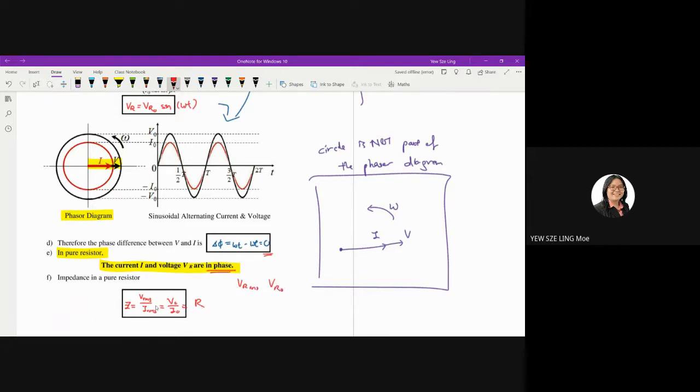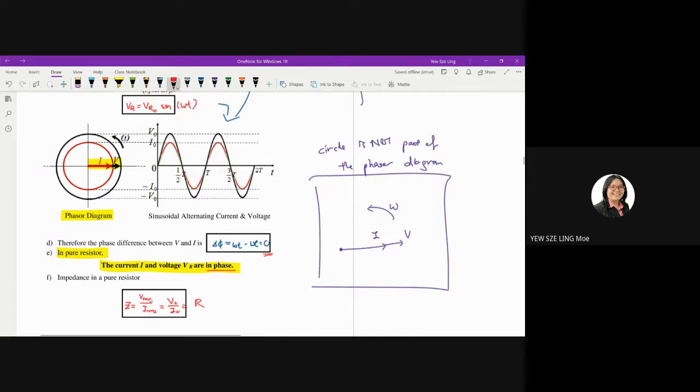Right here they just write VRMS and V0 because you just have one component. When you have just one component, VR RMS is equal to VRMS. Kalau ada satu component sahaja.